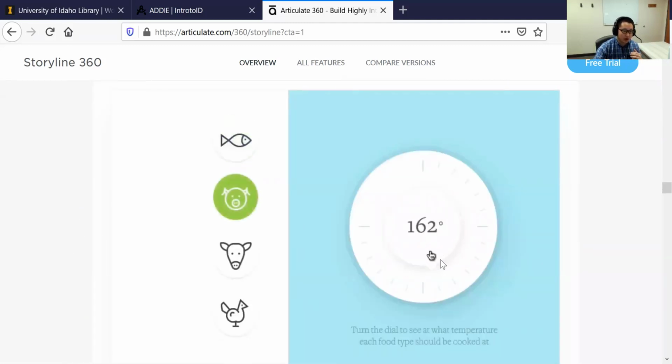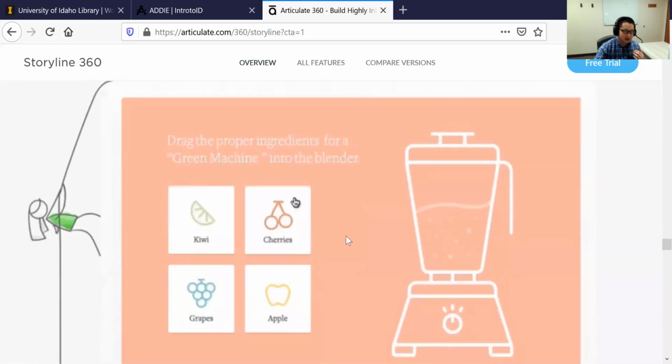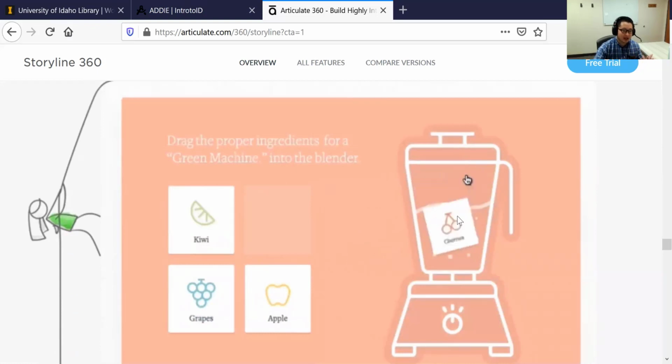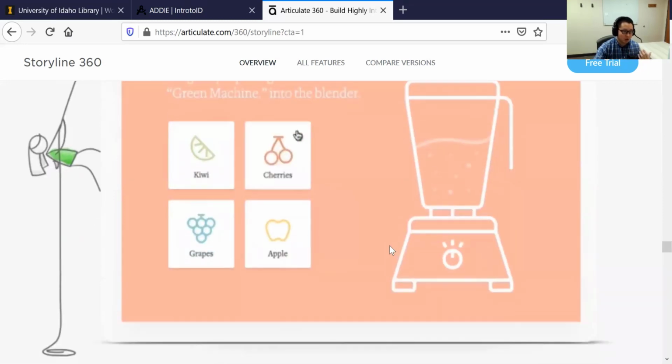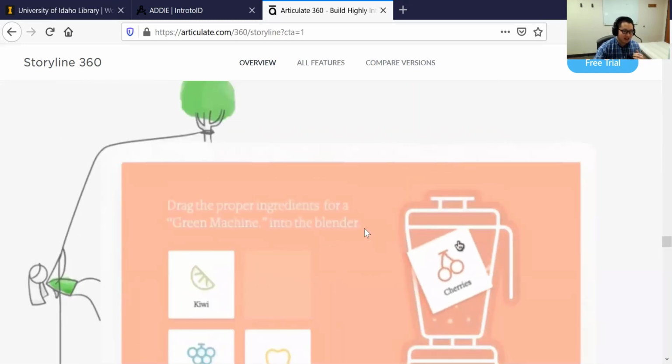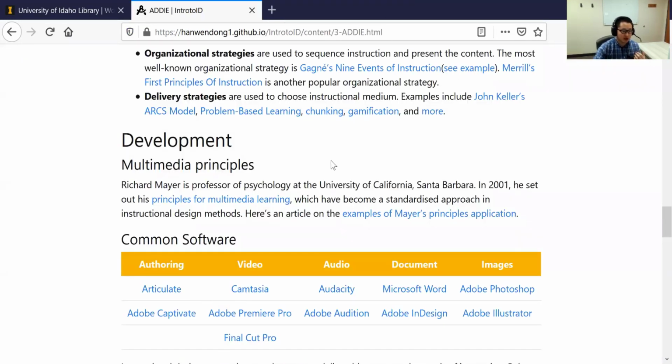So this is a wheel that learners can manipulate. And here's a drag and drop activity, so they can drag and drop the correct ingredients into this blender. Overall, it's very rich in media, and so it creates a very fun experience for the learners.